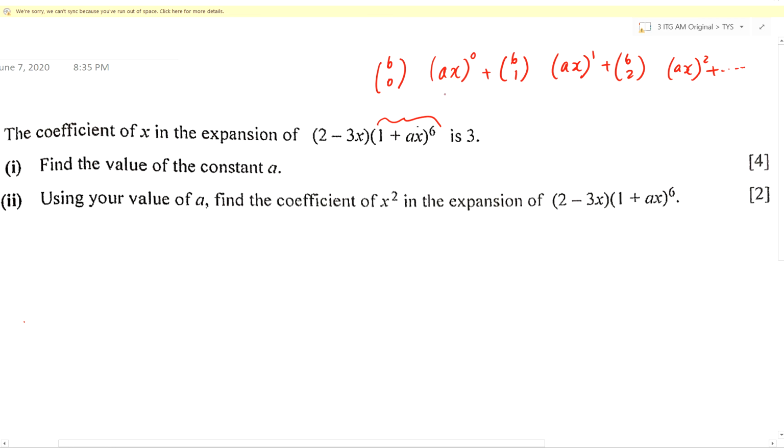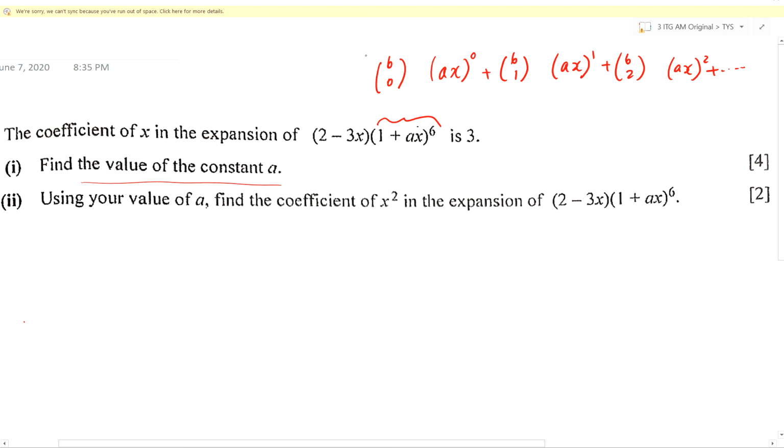What else do we see? This is ax power 0, which means it is 1. Here we got ax power 1. This is a squared x squared. So we see that the x power is increasing as we continue expanding. We can continue, but all I wanted you to do was to remember the pattern, what we are expecting, because that is sufficient for us to do part 1, to find the value of the constant a.